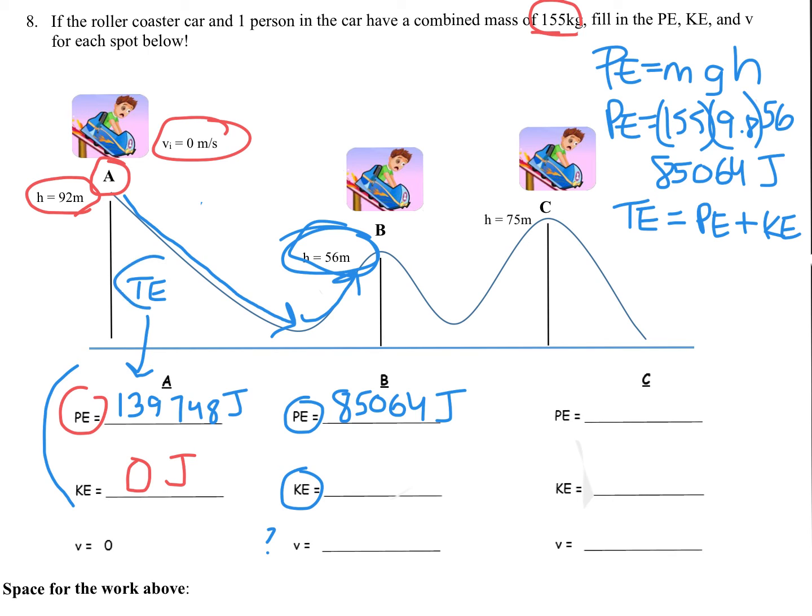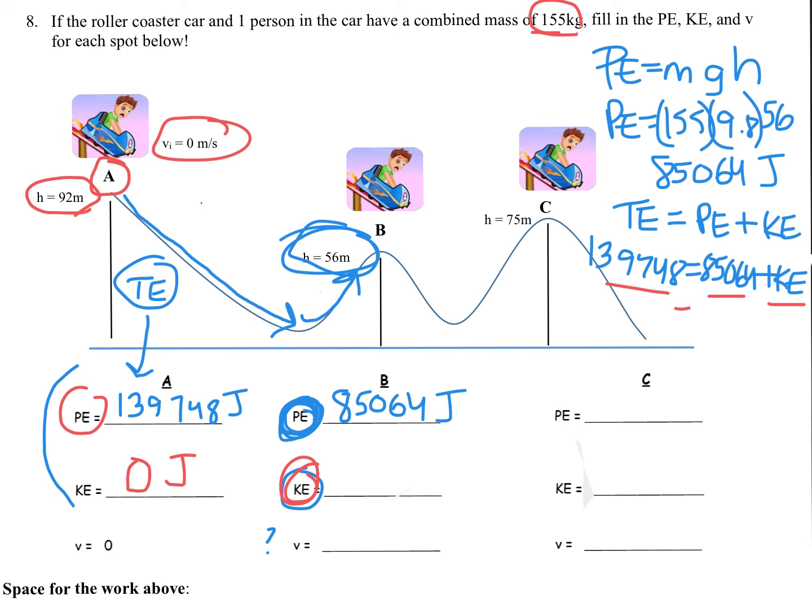So if we know the total energy was that starting potential from part A, that total energy was 139,748. We also know that the potential energy right now in part B is 85,064. We know that that number plus whatever the kinetic energy is for this part B is going to have to be added to this potential energy to give you the total.